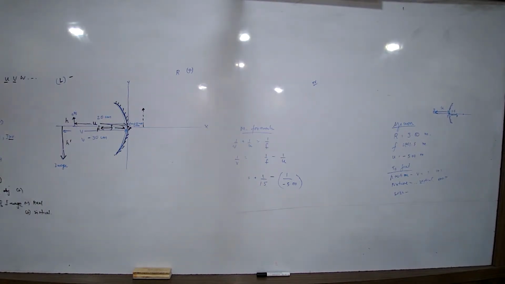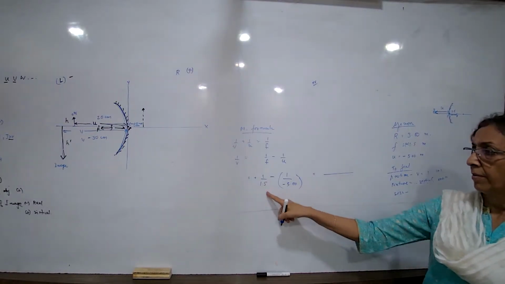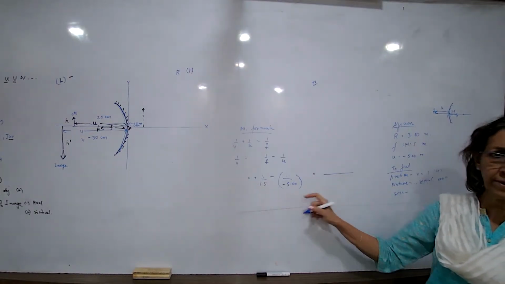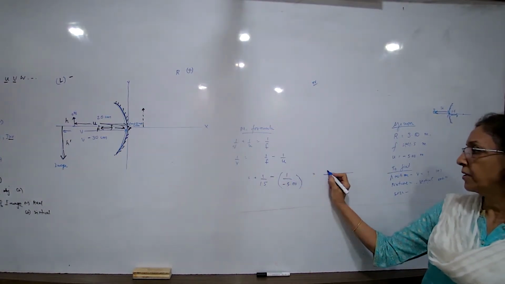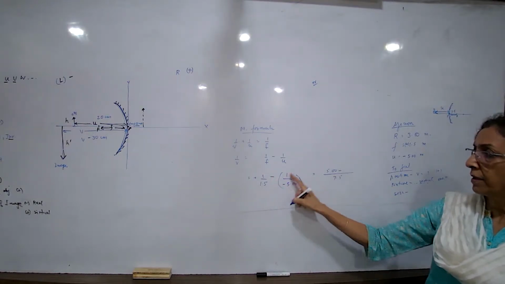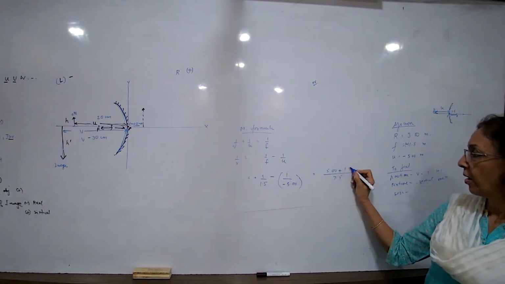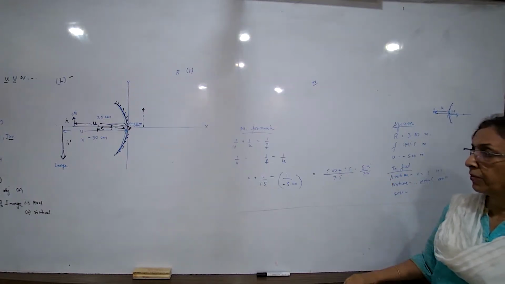So how much will you get? How much is the LCM here? 7.5. Multiply, okay, 1.5 times 5, 7.5. Cross multiply here, you will get it as 5.0. This will become positive and this is 1.5. So that makes it 6.5 divided by 7.5.